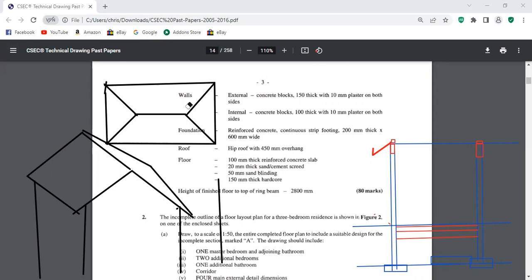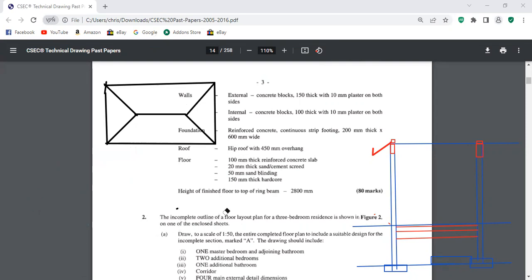All right. Any other question on this? No? Okay. Can you tell me some of the basic components of a roof framework? What are the parts that make up a roof?